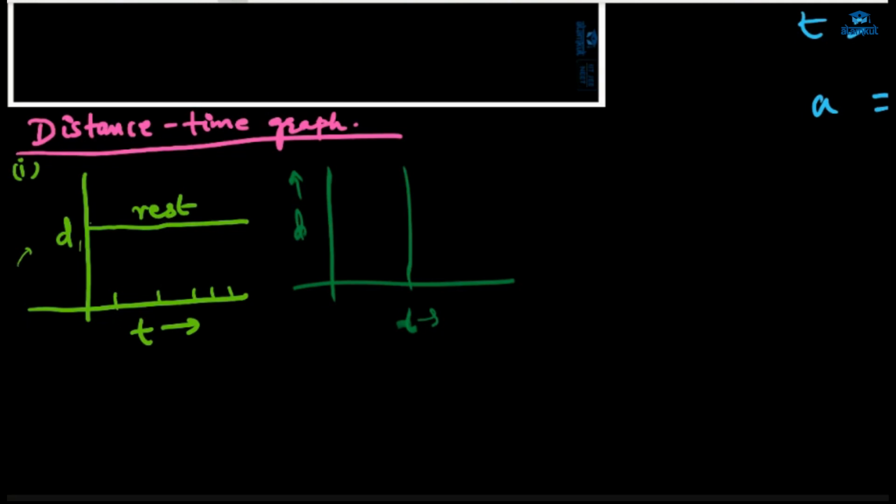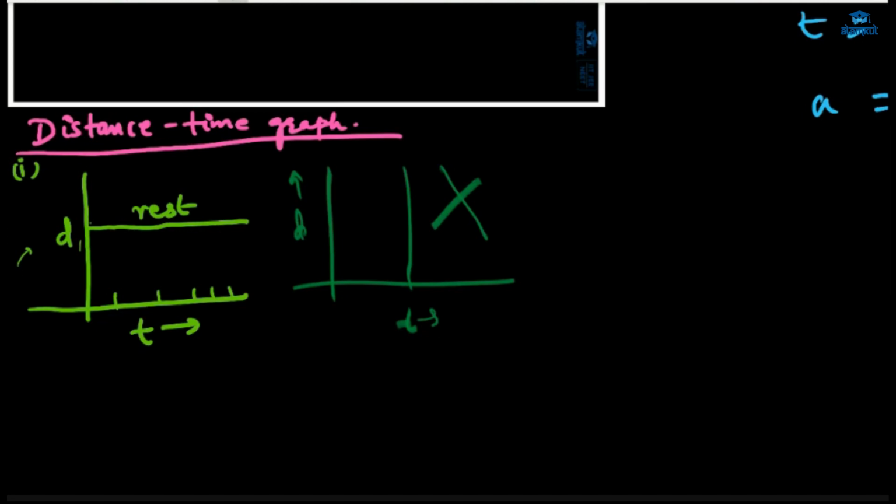I think it's at rest for most of the time, and then suddenly it goes very fast, even faster than the speed of light. The time is not getting changed, but the distance is getting changed. So how can this graph be possible? This graph is wrong.